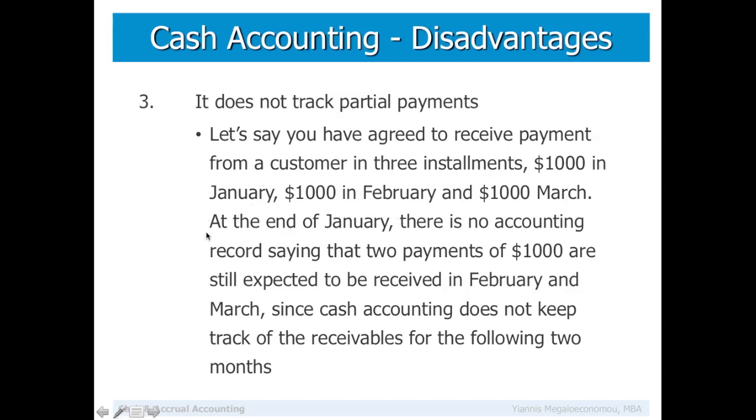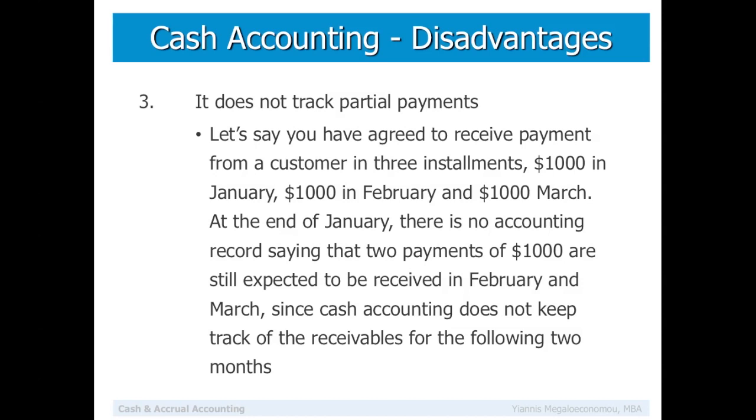Now, at the end of January, there is no accounting record that tells the owner or the manager of the business that there are still two more payments of $1,000 to be received in February and March. Okay, so the only record that will be kept by the end of January is the first payment that has already been received from the customer.